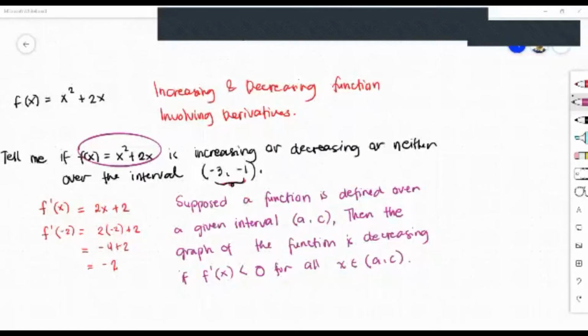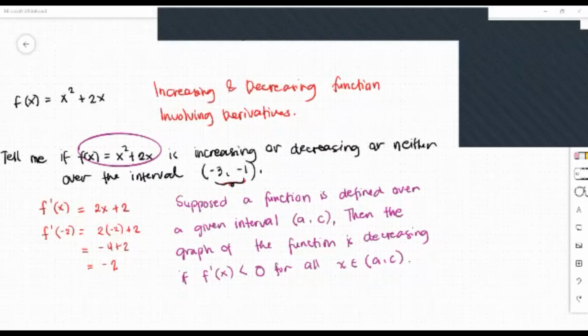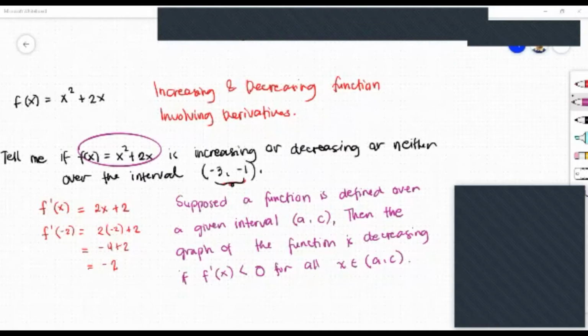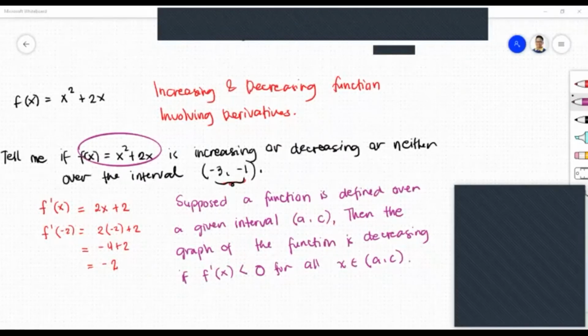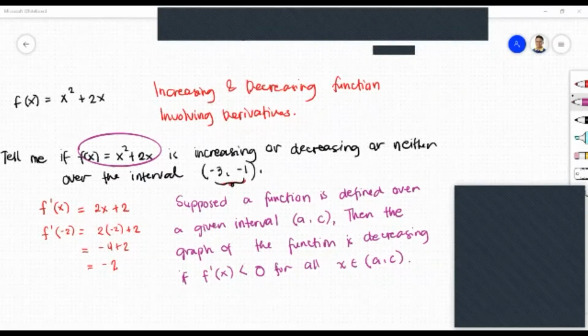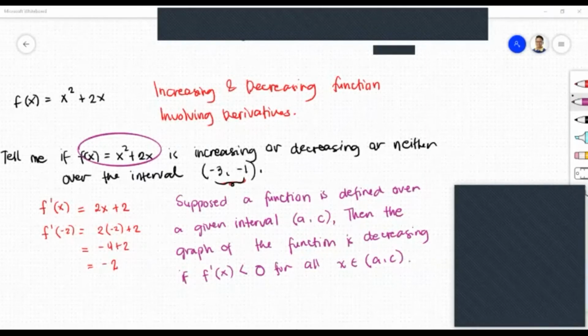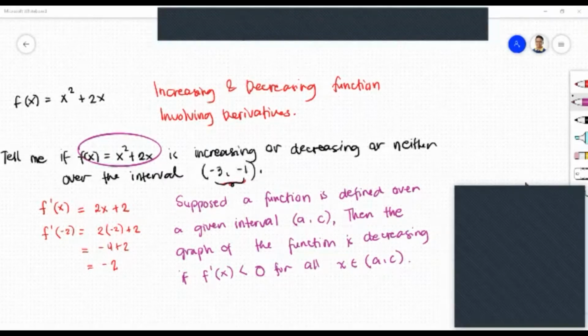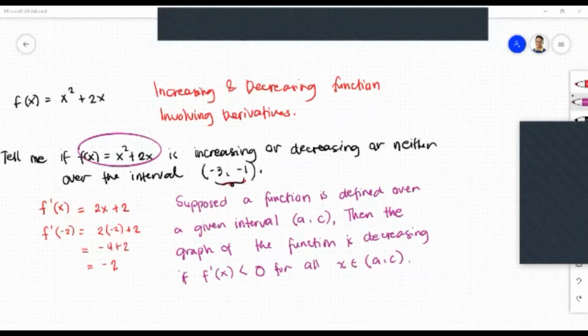Guys, please tell me if you see like a black bar. Do you see a black bar on the screen or no? It covers the entire screen. Okay.